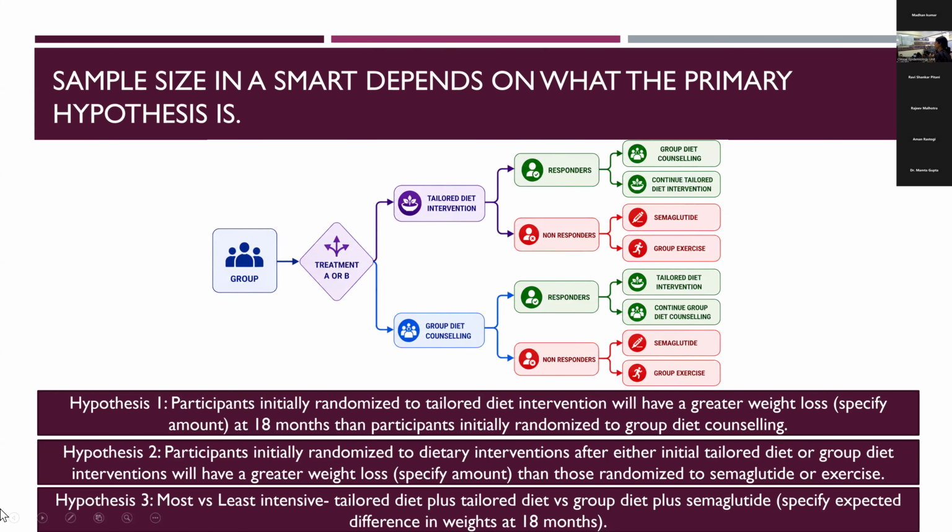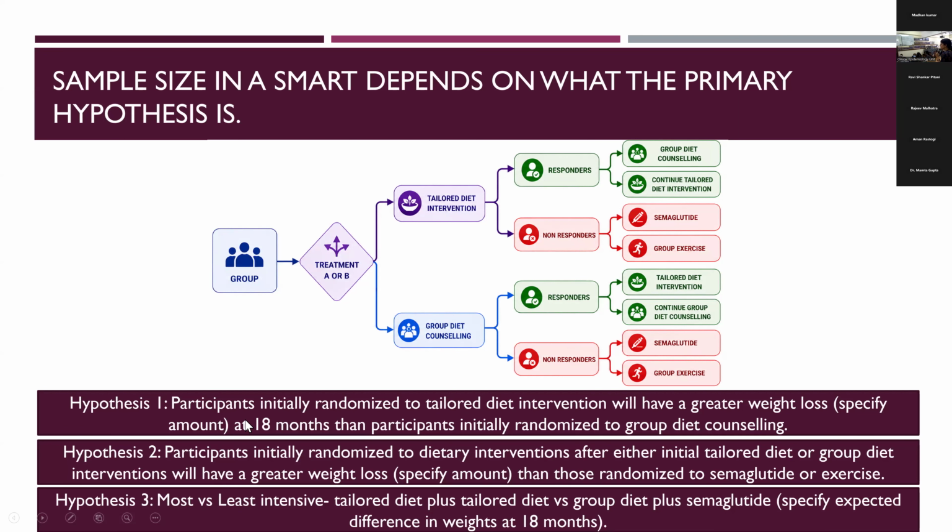So again, continuing from this, the sample size of a SMART depends on what your primary aim is. For example, in my example that I had given, your hypothesis 1 can be patients randomized to a tailored dietary intervention will have greater weight loss at 18 months than those initially randomized to group dietary counseling. So you are largely like the prior example comparing these two arms, right?